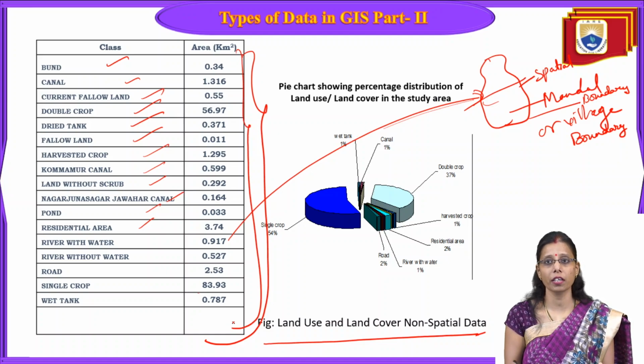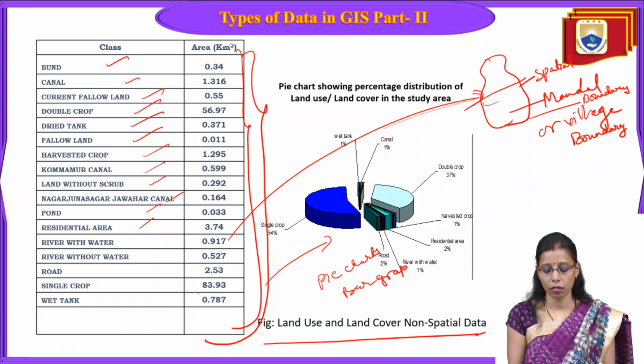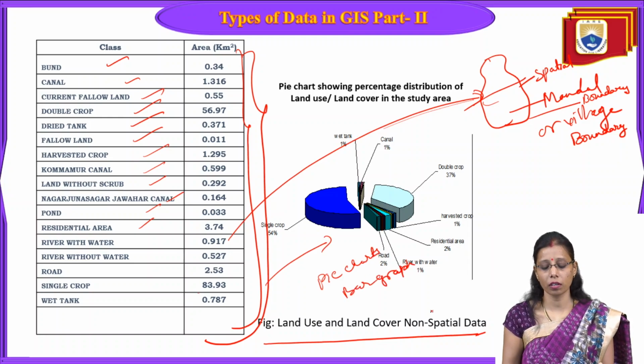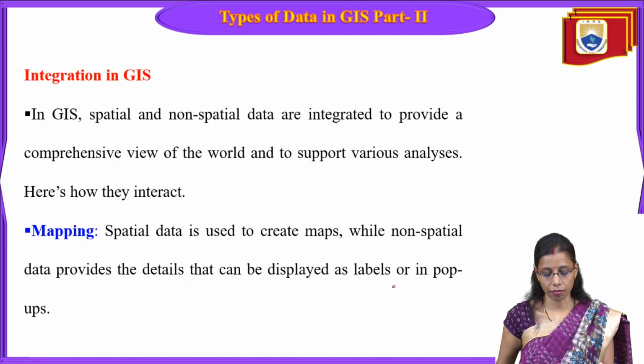This non-spatial can be represented in the form of pie charts or bar graphs. However it may be, the information can be represented in the form of these graphs. Now I think you understood about the non-spatial, and it is very clear about spatial and non-spatial.